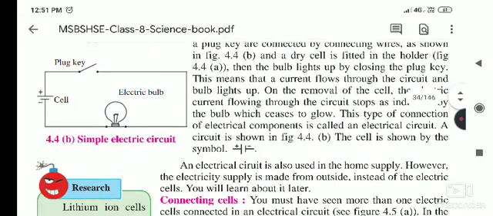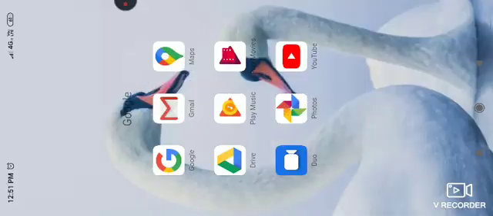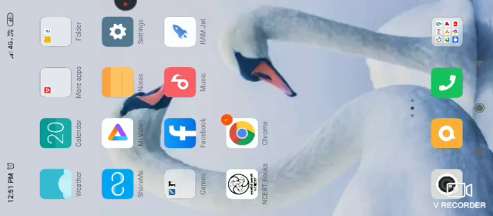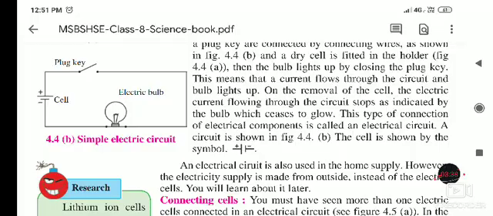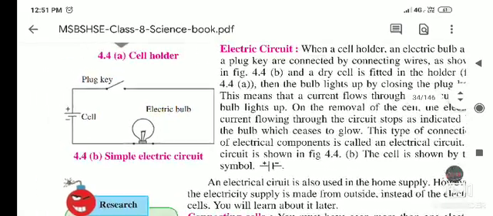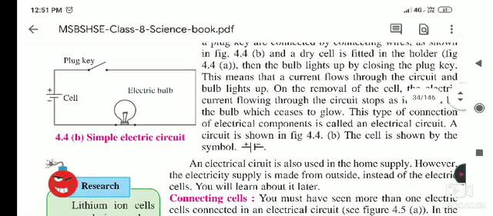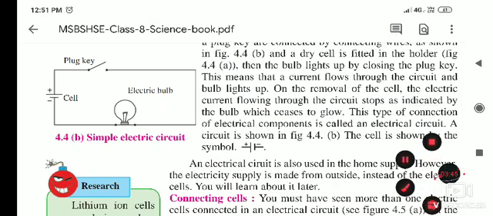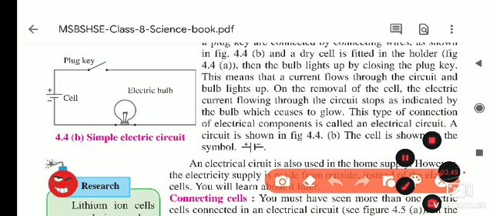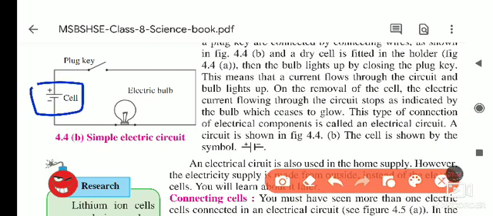What happens if we remove the cell? The potential difference between the two terminals of the wire is cut.